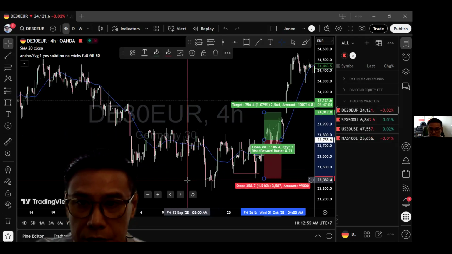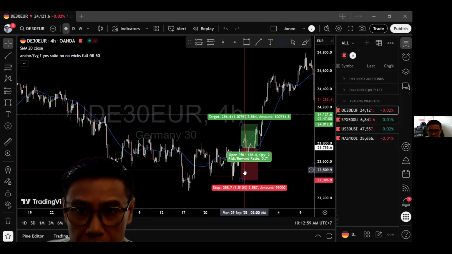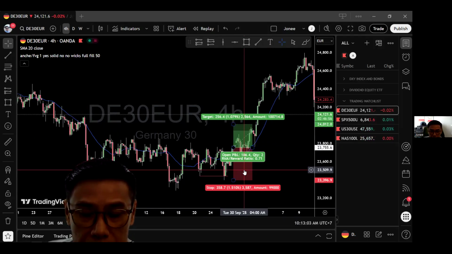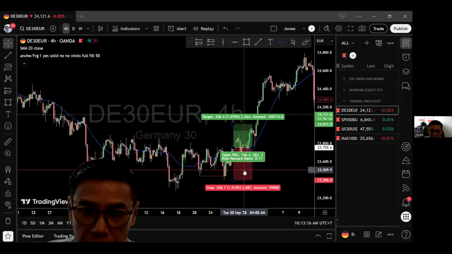Now, there are risk management techniques that I make use of once I make the entry. I make use of trading managers, or simple trading managers as an EA, and it allows me to enter two positions so that I can take partial profits and ride the rest of the position that remains open.